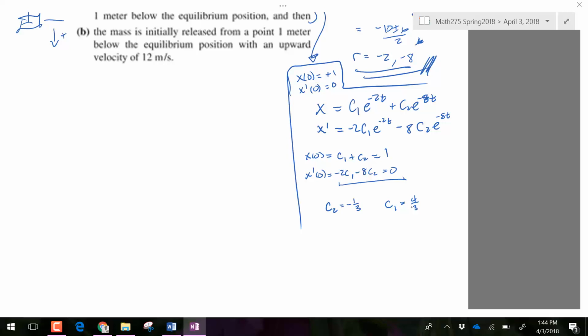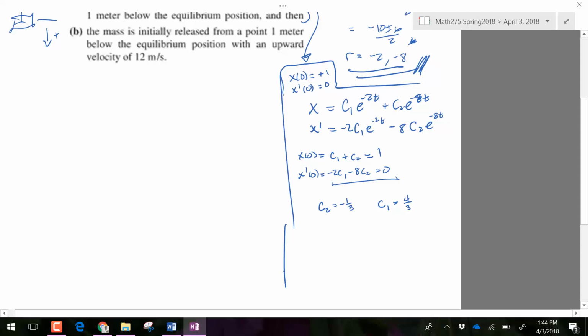Okay. I suppose we should graph this. Wait, let's get our final answer here. So the first one is 4/3 e to the -2t, and then the next one is -1/3 e to the -8t.